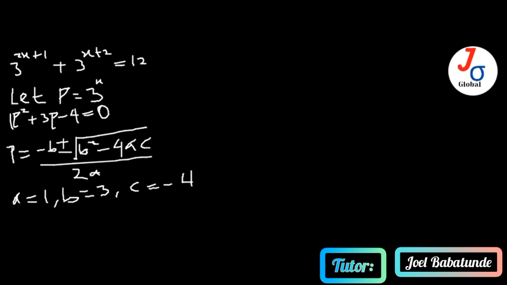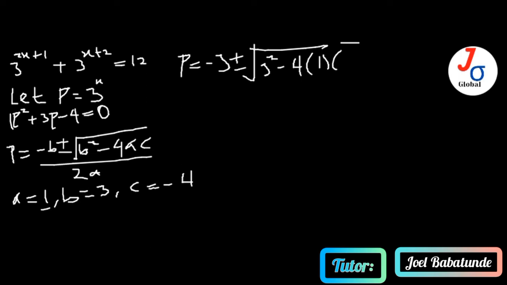So put that into this equation. I get p becomes minus b, that's minus 3 plus or minus square root of 3 squared minus 4. What's our a? Our a is 1, into minus 4, and divided by 2a, that's 1.